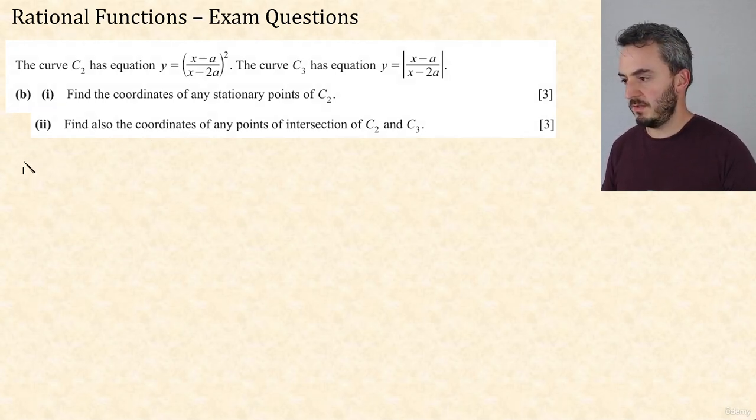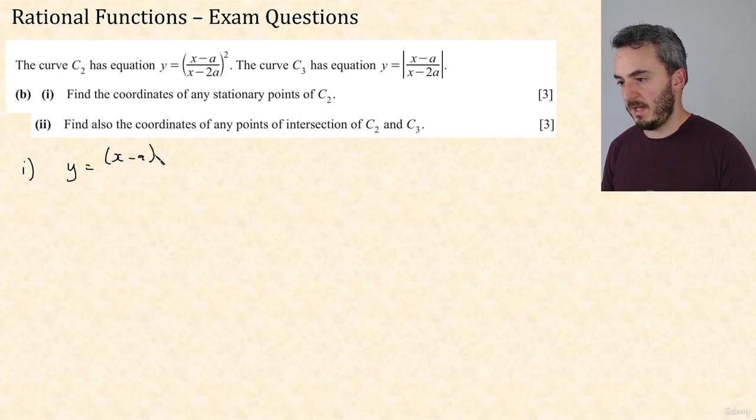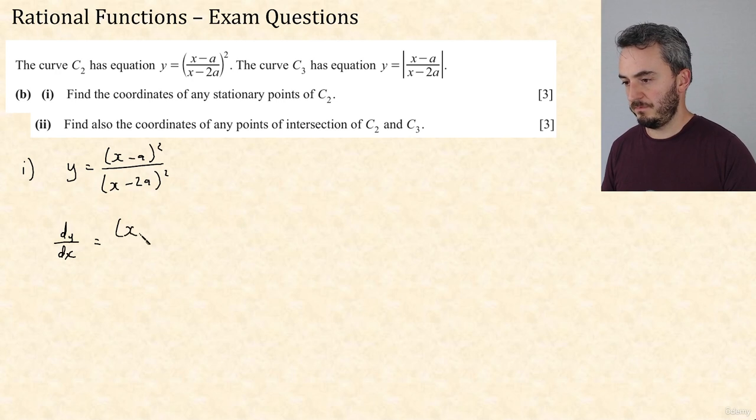Okay, so let's find dy by dx. All right, so what's the best way to do this? It's probably with the quotient rule, and it's probably by thinking about it as (x minus a) squared over (x minus 2a) squared. So with the quotient rule, we're going to get v u dash.